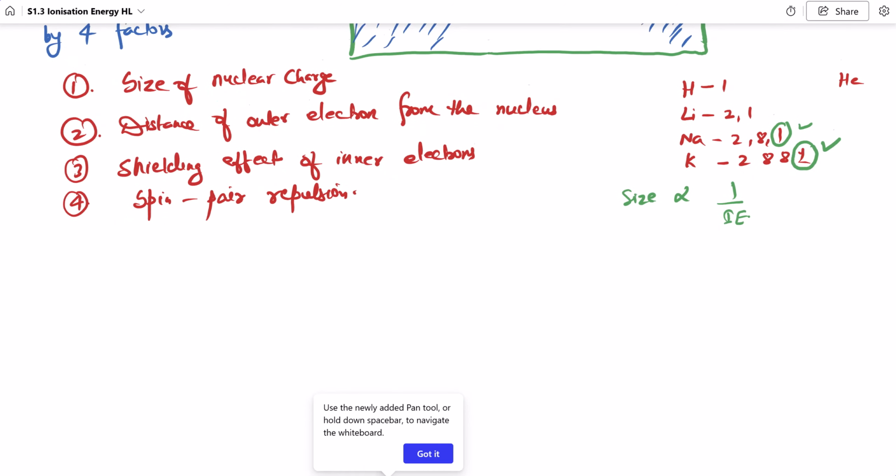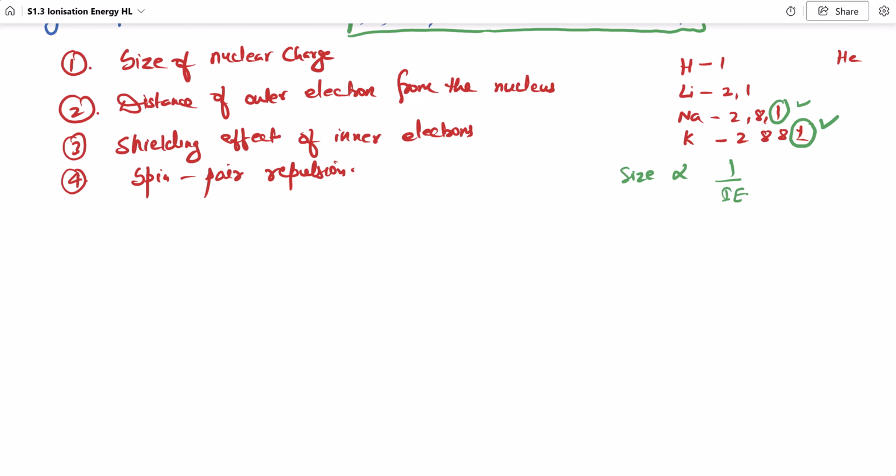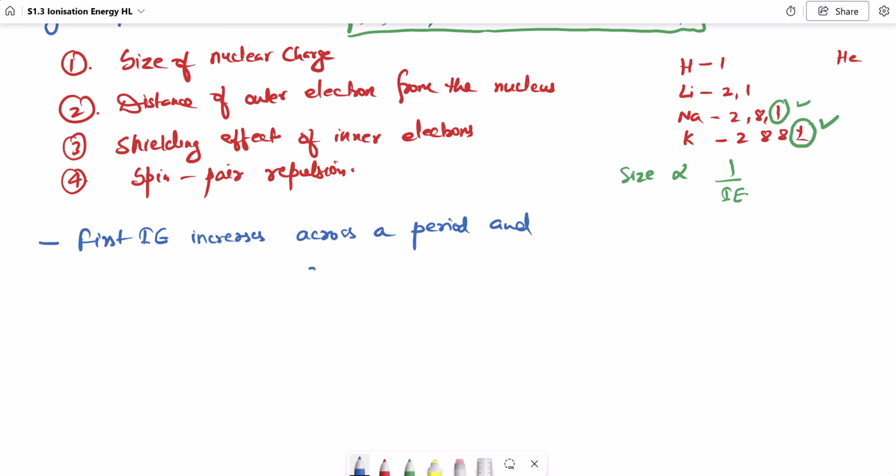So what general conclusion can we draw? We can draw that first ionization energy increases across a period and decreases down a group.